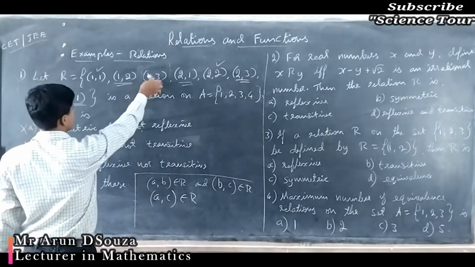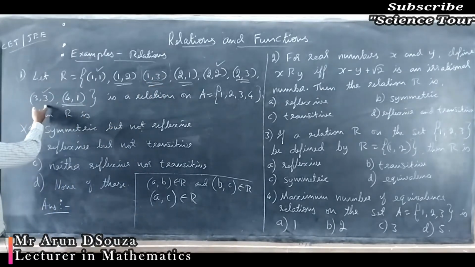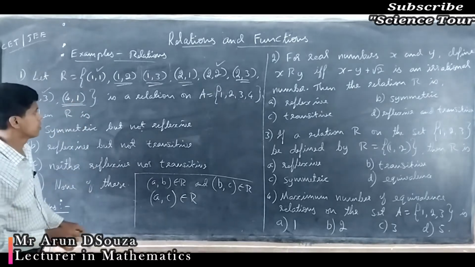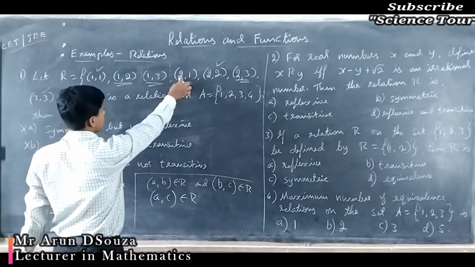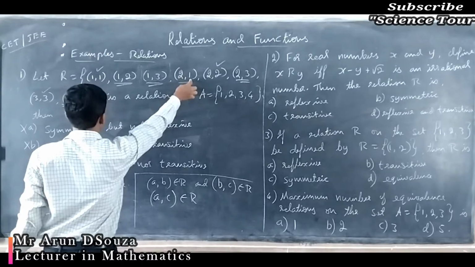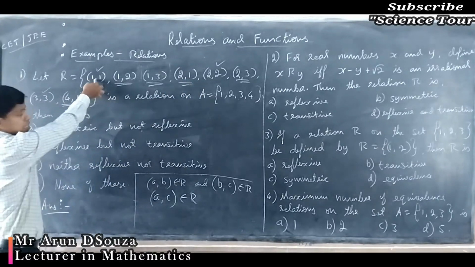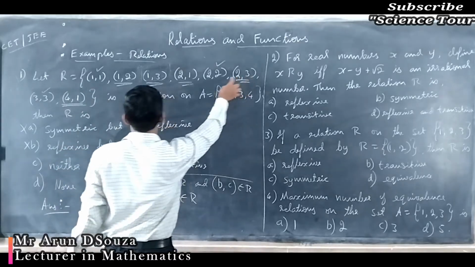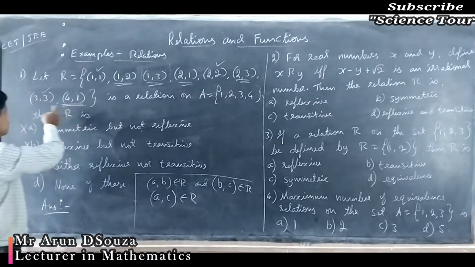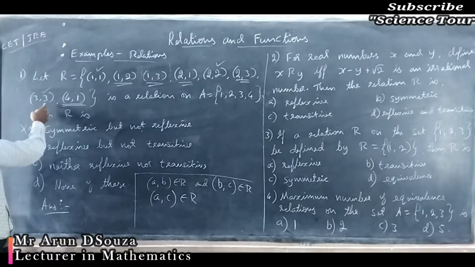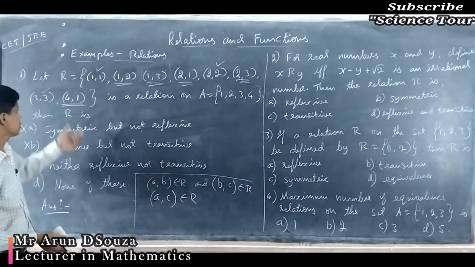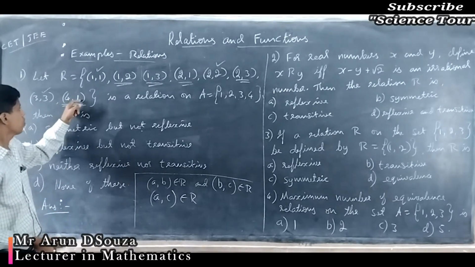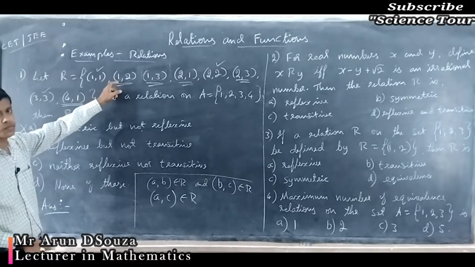Then if you are taking (1,3), the only option you have is this, so don't check it, it is transitive. Then if you are starting with (2,1), you check for starting with 1, you don't have anything else other than this, don't check it, it is transitive. Then (2,3), starting with 3, you don't have anything else other than (3,3), so that is also transitive. Then (4,1), then starting with 1, you got this.